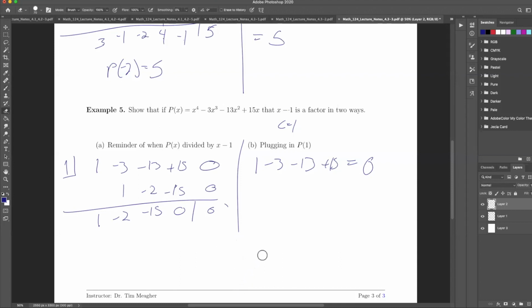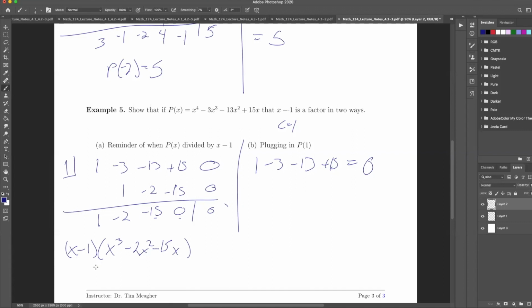Now, the benefit of doing this instead of just plugging it in is I know what the reduced polynomial is, right? I have 4 terms here. And so it'd be x minus 1 multiplied by x cubed minus 2x squared minus 15x plus 0.